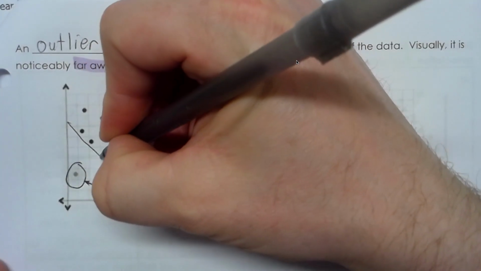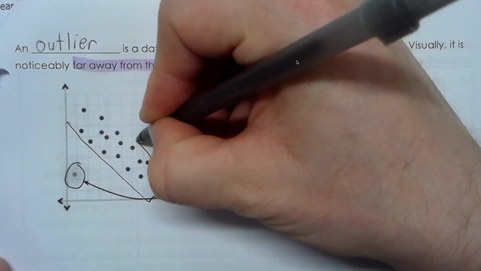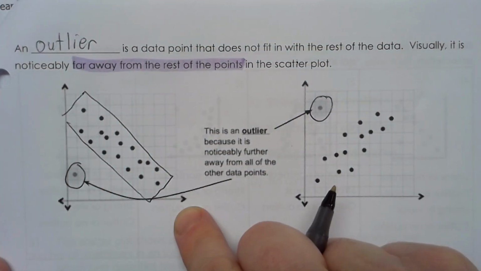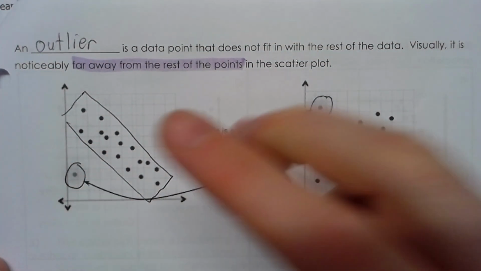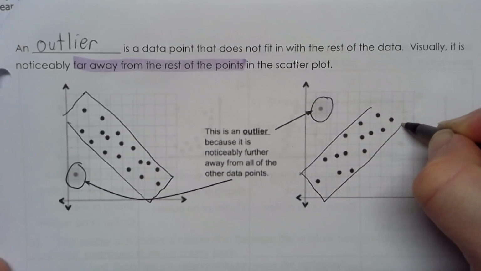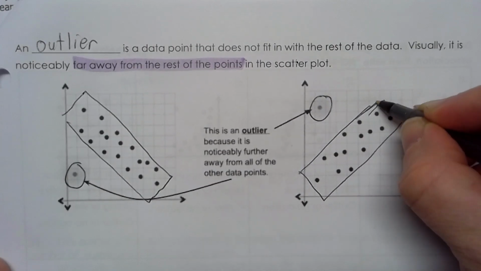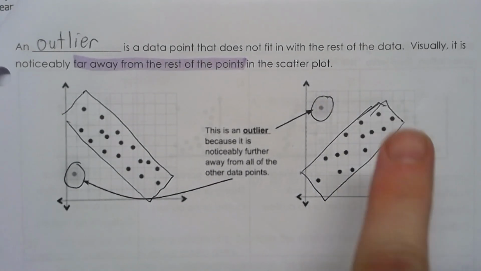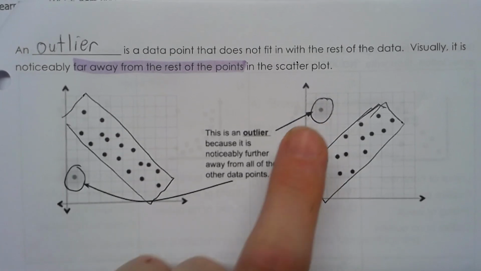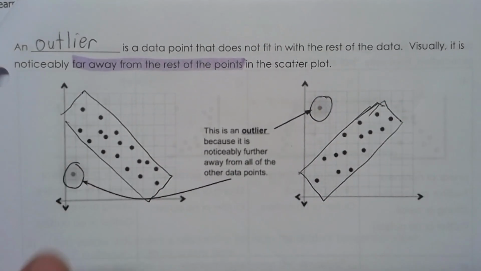Notice how the points in this relationship are a weak negative association, except for this one that is really far away from the rest. This would be a weak positive linear association with one outlier because it's a rectangle going uphill, and there's one outlier that's right here. So outliers are points that are further away from the rest.